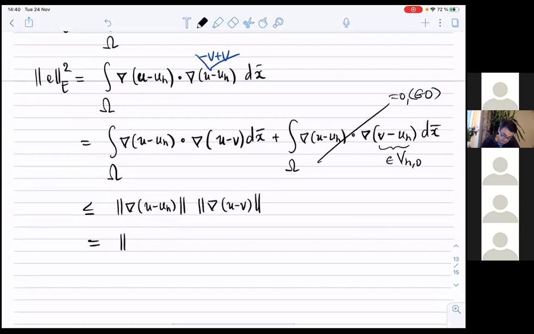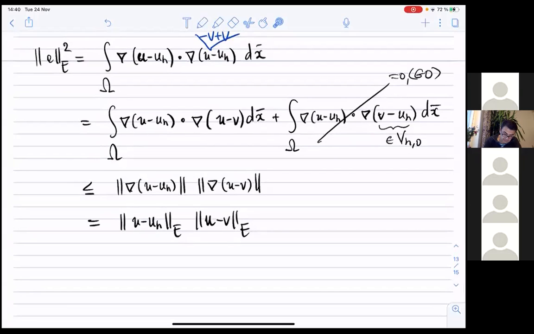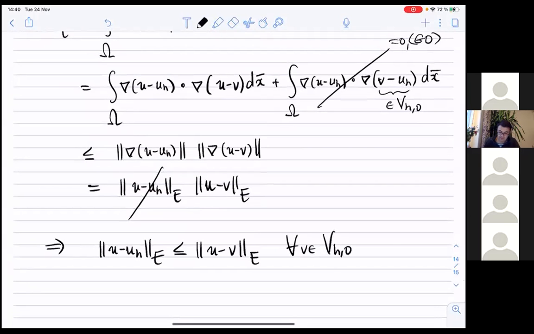So it is the energy norm of u minus uh times the energy norm of u minus v. And if you compare the left-hand side and right-hand side, you can divide by the norm, and we get the following estimate: the energy norm of u minus uh is less than or equal to the energy norm of u minus v for all v from the finite element space.